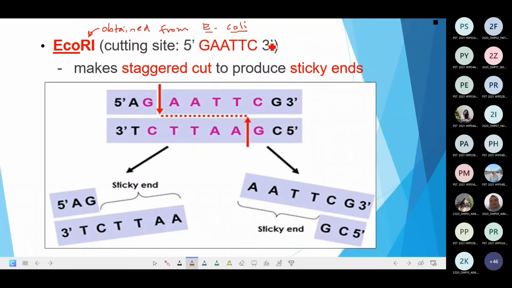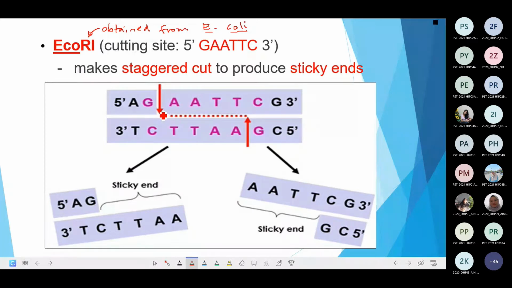Okay, and this EcoR1 will cut the DNA molecule in this particular way, in which the EcoR1 will make a staggered cut. Staggered cut means the cutting is not continuous. Dia macam tersekat-sekat. Itu maksudnya staggered cut. Pemotongan yang tersekat-sekat.